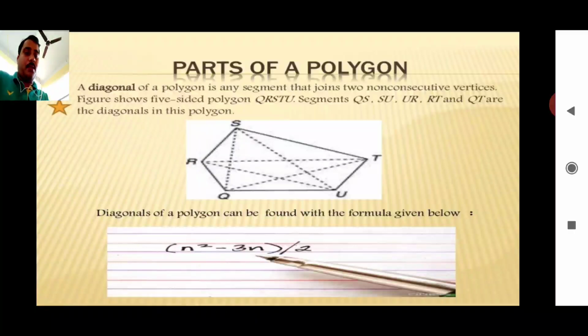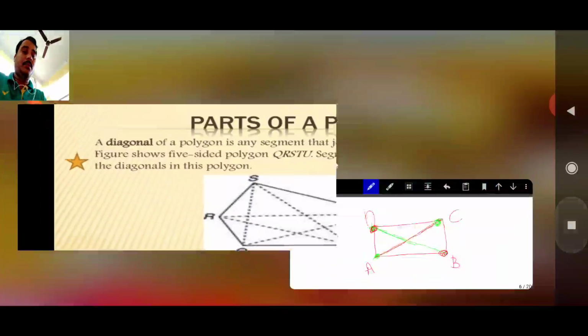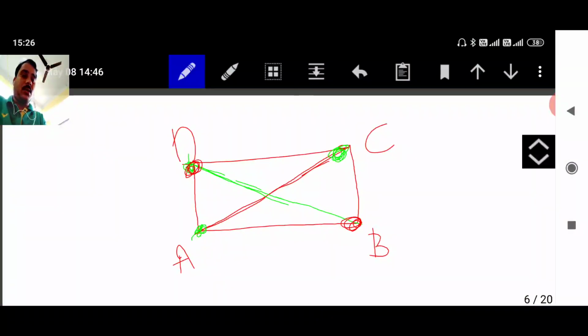How can we find the number of diagonals in a polygon? There is a formula: (n square minus 3n) by 2, where n is the number of sides. Here n equals 4. How many sides here? 4.